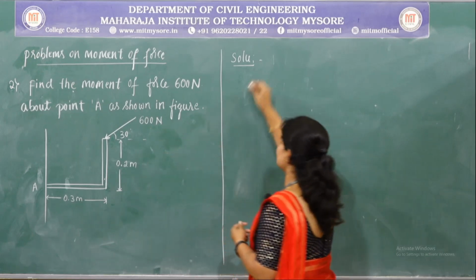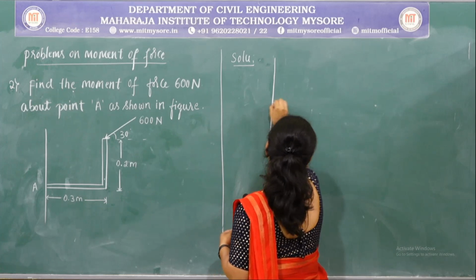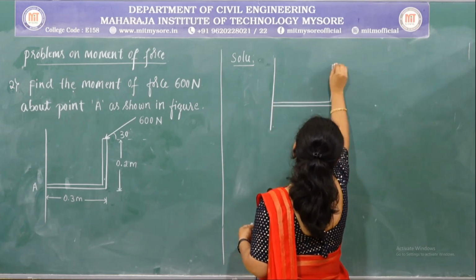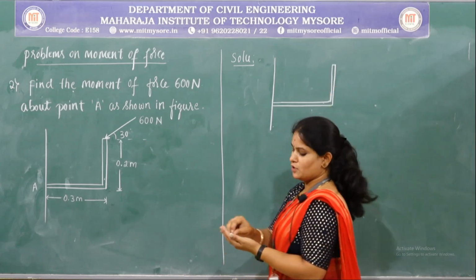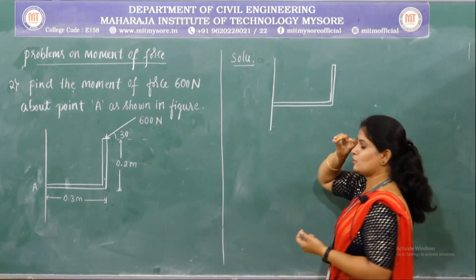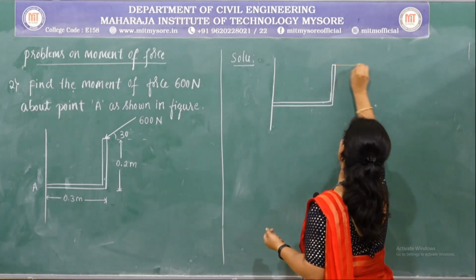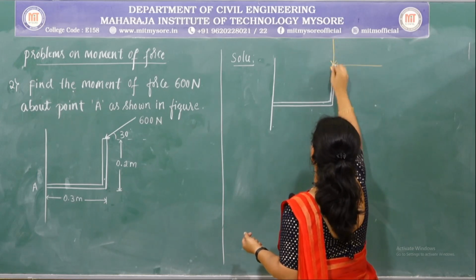So what is the first step is that we need to resolve the given force according to its direction. So the direction of the force will going to lie in the third quadrant. In the third quadrant, the x component is also negative and y component is also negative.